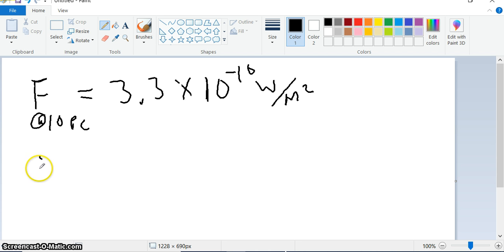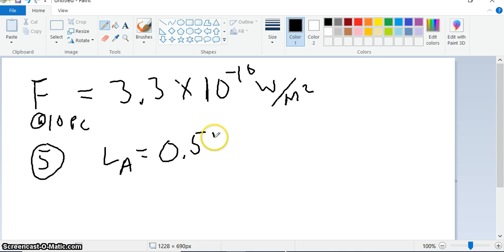Number 5 says you have 2 stars, A and B, with luminosities respectively. So here's what we're going to do. The luminosity of star A, they give us what it is, is 0.5 times the luminosity of our sun.